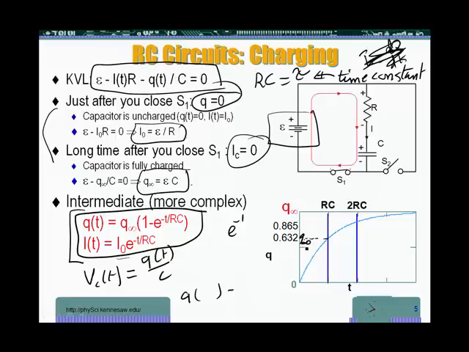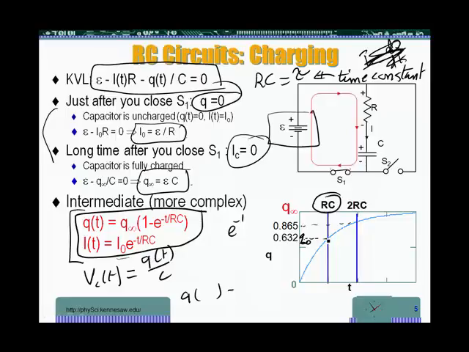So it's 0.632 Q infinity, or about 63% of the maximum charge you can acquire. After two time constants, it's going to be about 87% of the most charge you can accumulate. So RC is somewhat of a measure of how long it is going to take to charge up a capacitor.